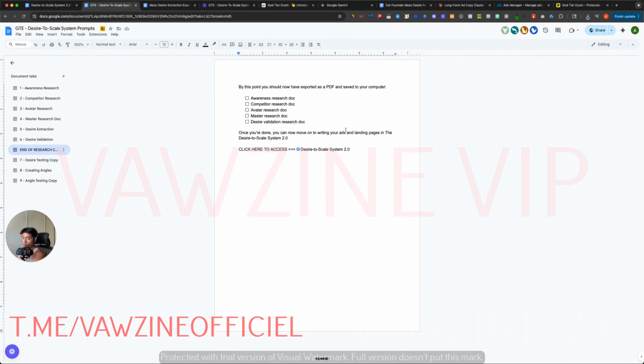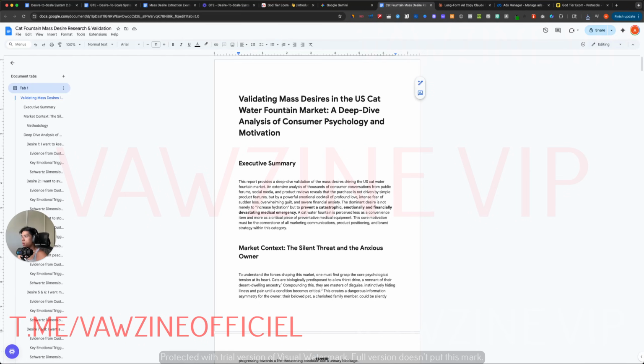So you should have exported and saved PDFs on your computer, which contain the awareness research doc, the competitor research doc, the avatar research doc, the master research doc, and then the last document, which we just generated right now, which is the desire validation research doc. So, which is this one here.